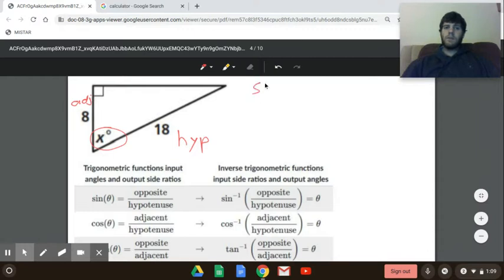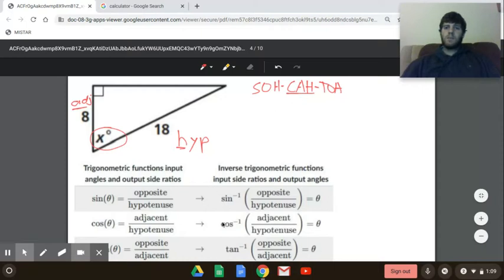Okay, if we use our mnemonic, SOHCAHTOA, we're going to use cosine, right? Because adjacent over hypotenuse, we have the A and the H, so that's the CAH, so that's cosine.